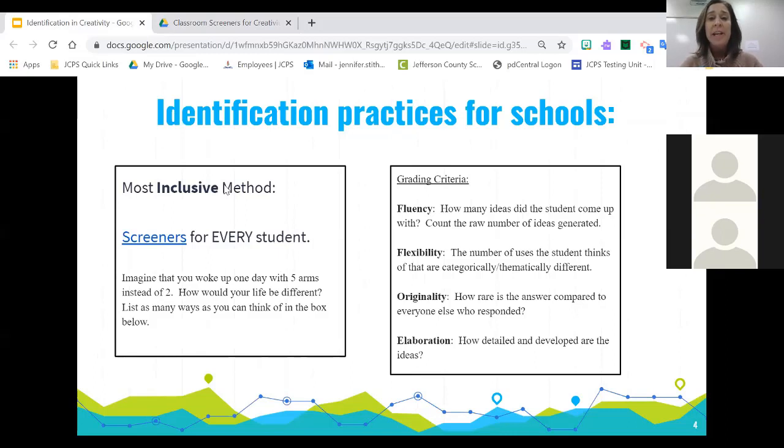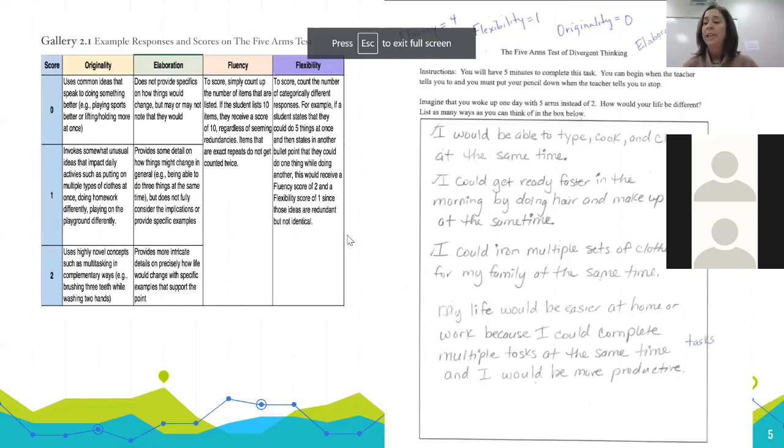We're going to use the grading criteria on the right to measure the student's product of listing how life would change with 5 arms. So we're going to look at fluency, flexibility, originality, and elaboration as we move forward. The first example we're looking at is the rubric on the left and the student example on the right.